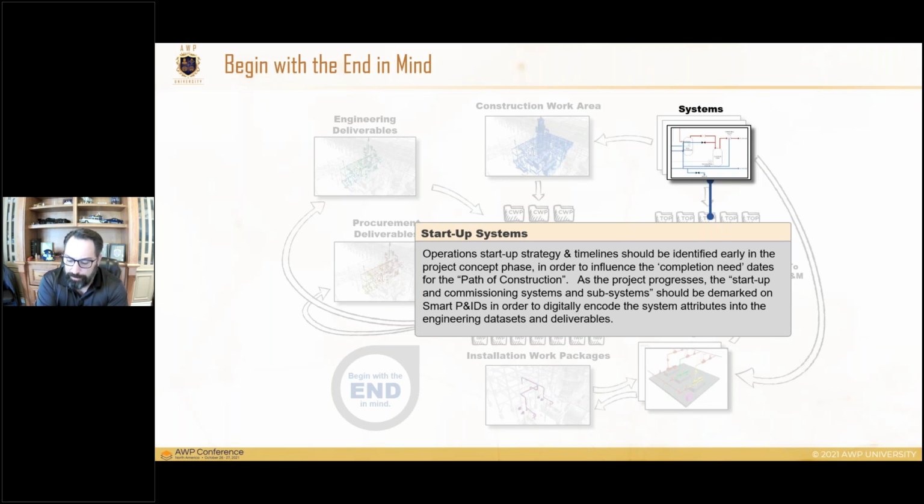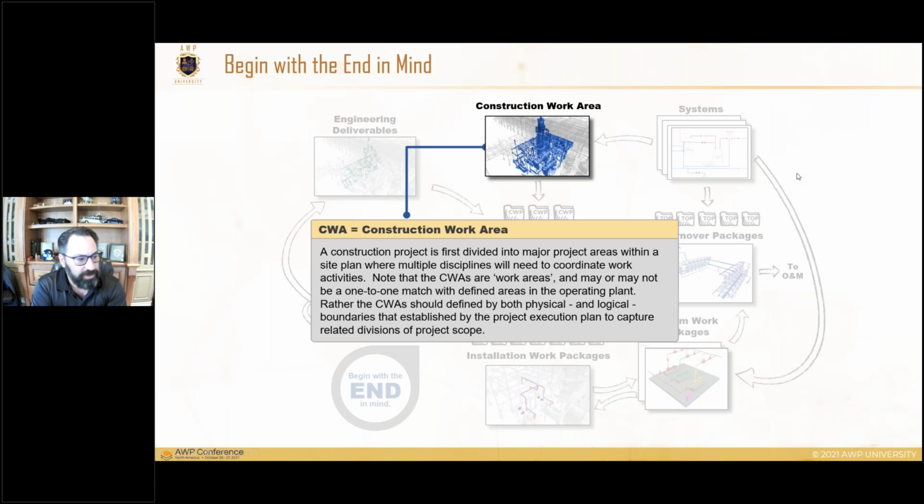It's the starting point. Now, as we move forward, we're going to take that basic system information along with some other information such as plot plans and other data to do some of our first pass work, if you will. Once we've got some basic P&IDs, we've got some basic things in place, even when we first start identifying our construction work areas, those CWAs, it might be before a lot of systems have been fully identified.